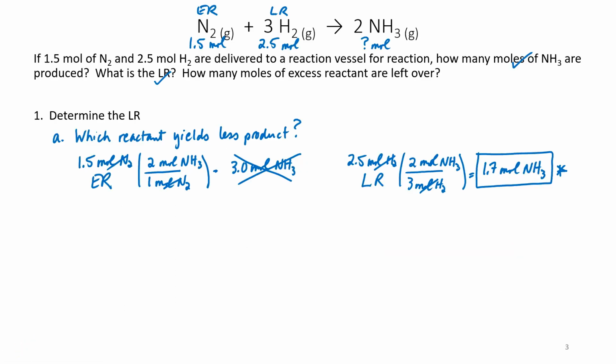The other way that you can determine the limiting reactant is to kind of ask yourself, do I have enough reactants? So let's see. Let's start with this 1.5 moles of nitrogen. And do I have enough reactant? Well, for every 1 mole of nitrogen, I'm going to need 3 moles of hydrogen.